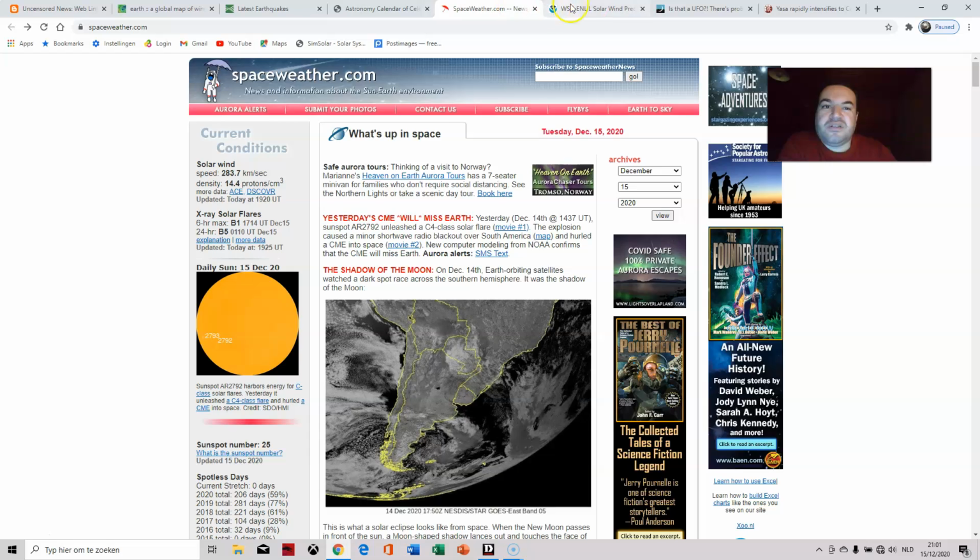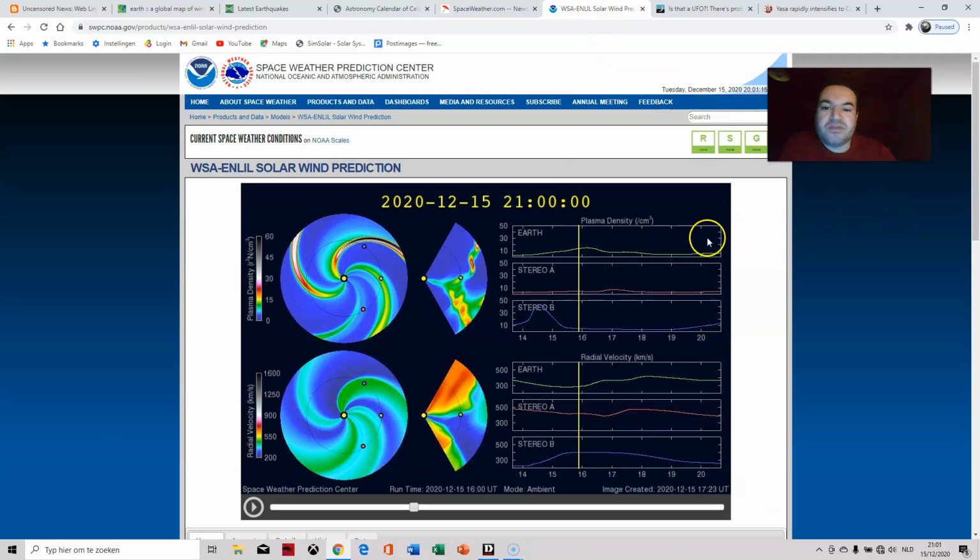So I checked the Enlil solar spiral, and it checks out. You can see here plasma density. This is 21 hours UTC, and this is the same timestamp.